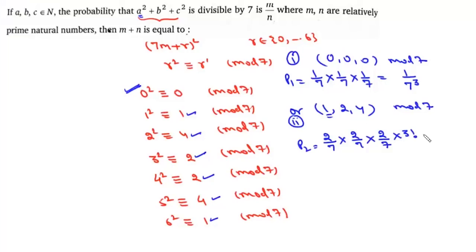So it will be 48 upon 7 cube. So the required probability is the sum of these two, which is 49 by 7 cube, which is nothing but 1 by 7, and that's your m by n. Now the value of m plus n is simply 8. So the answer to this question is 8.